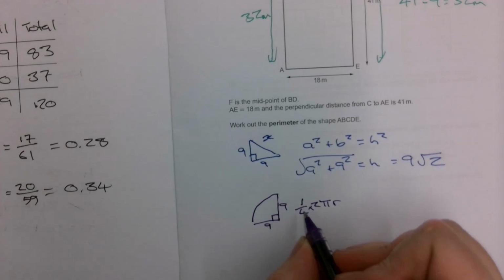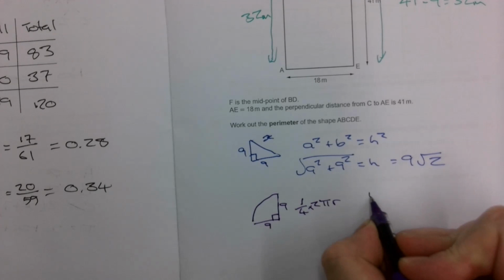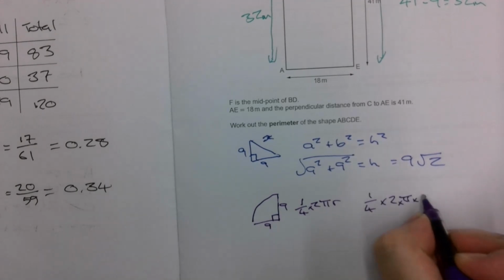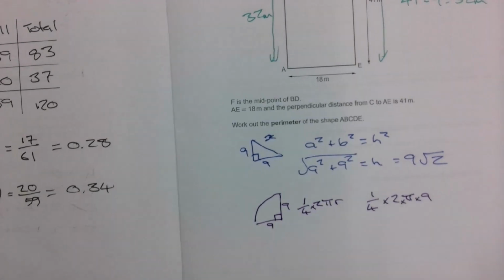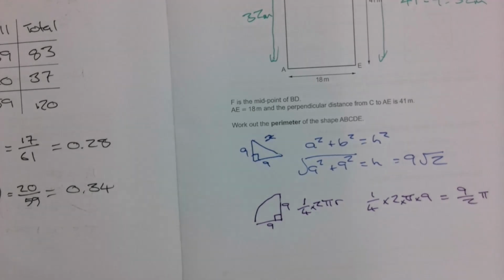We know that r is 9, so we end up doing a quarter times 2 times pi times 9. 2 times 9 is 18, divided by 4 is going to be 4.5. So we end up with 4.5 pi.